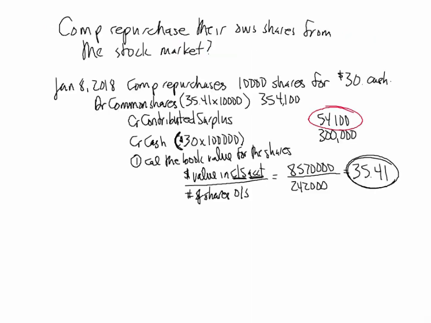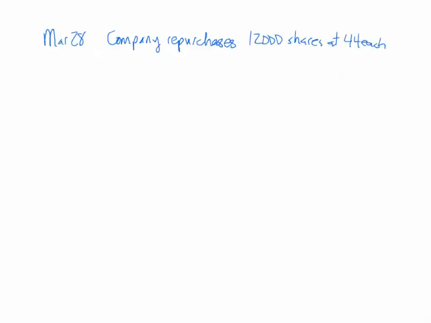What we just did was an example where the value of the shares we repurchase is less. Here's $30, the price we had to pay, and it's less than the historical cost. What happens when the price we have to pay is more than the historical cost?